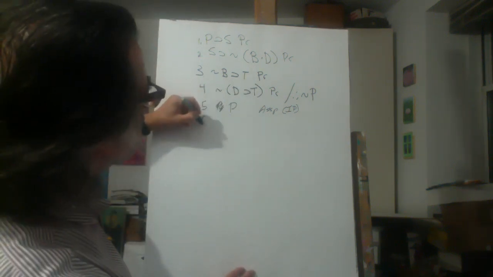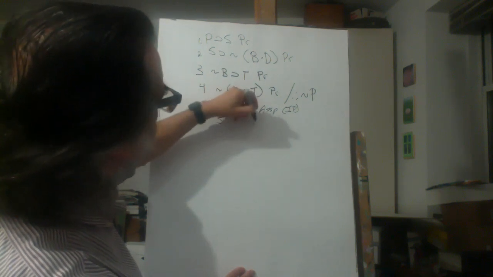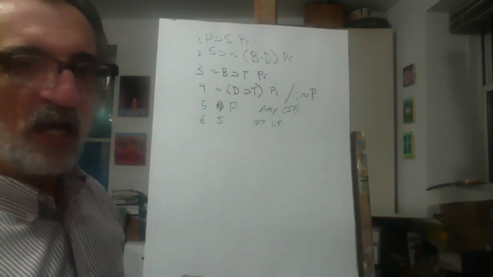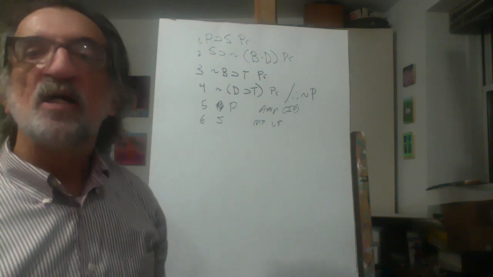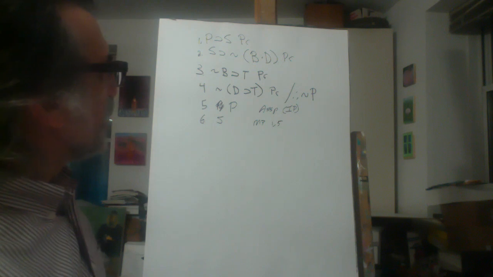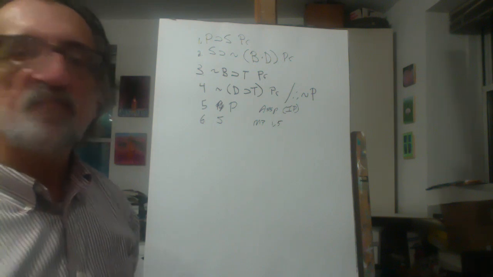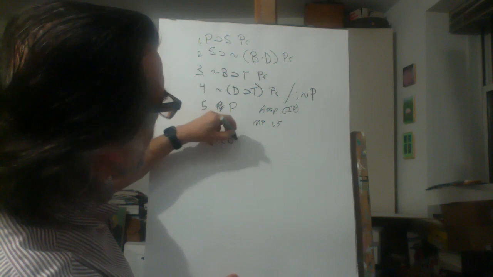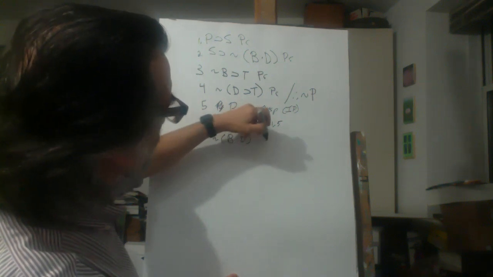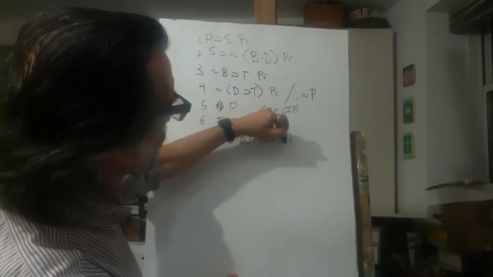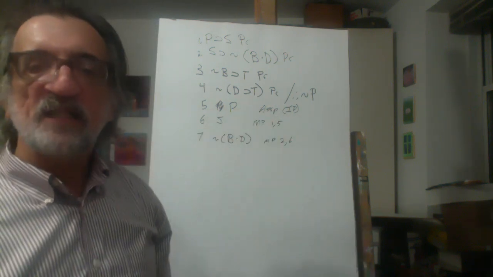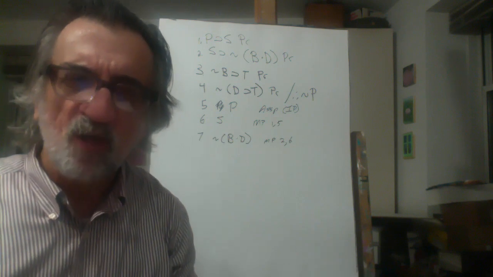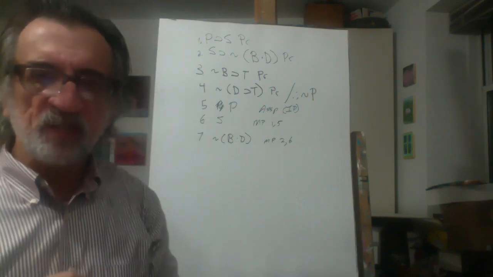So by modus ponens, P gets us S. And then you can see S only appears in the second premise, and again by modus ponens, from lines 2 and 6 gets us the negation of B and D. Well, by now you're old hands with at least one of the rules of replacement, that is De Morgan's law.